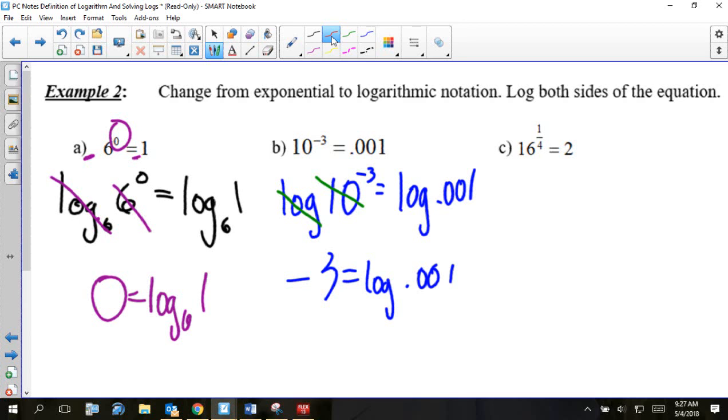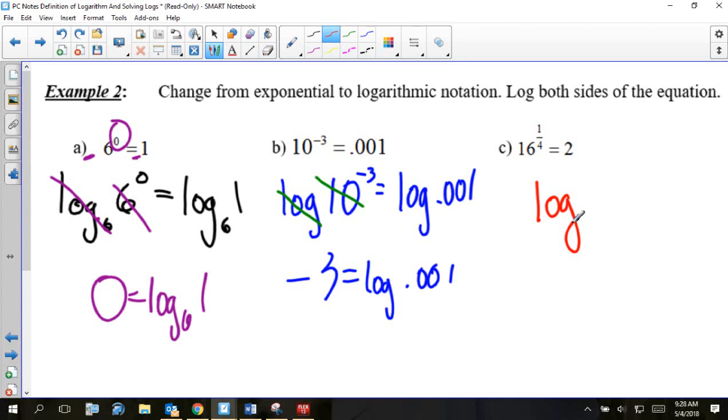I'm going to change the form. Okay, is it easy?